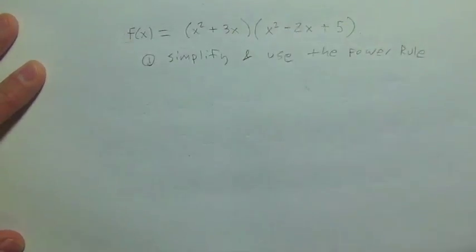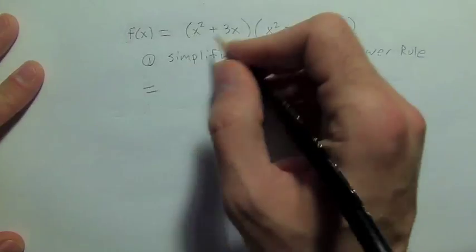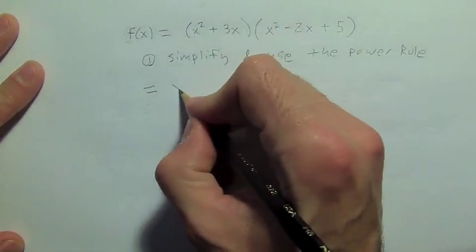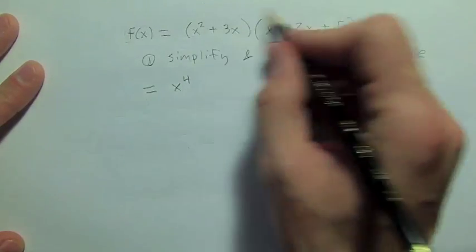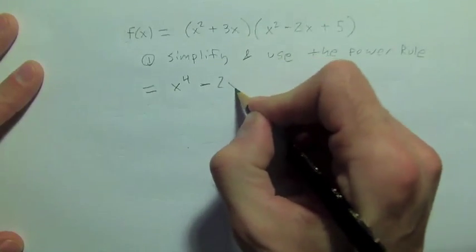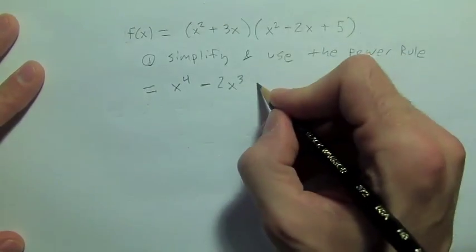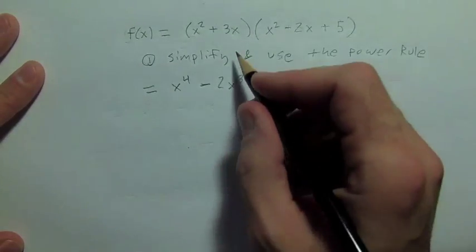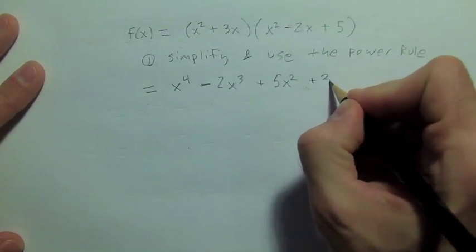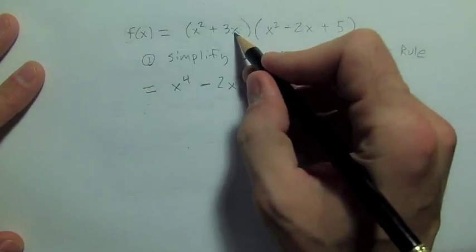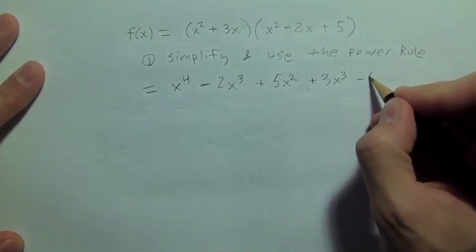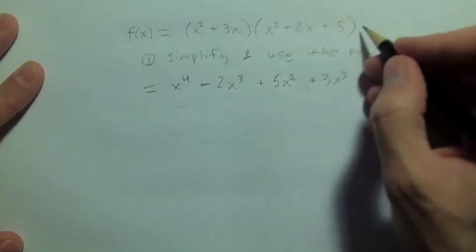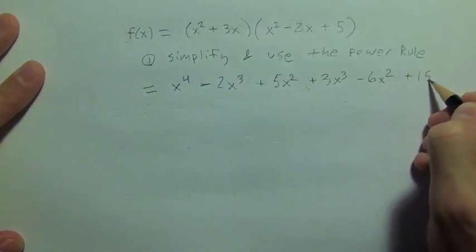So first I'll distribute this x squared across, and I'll get x to the fourth minus 2x cubed plus 5x squared, okay, then plus 3x cubed minus 6x squared, and plus 15x.